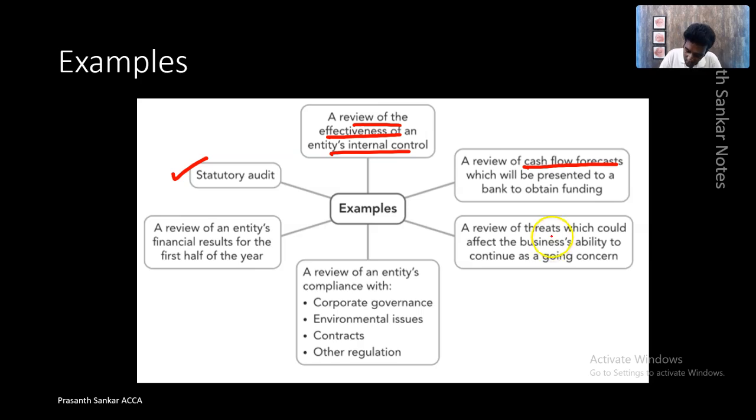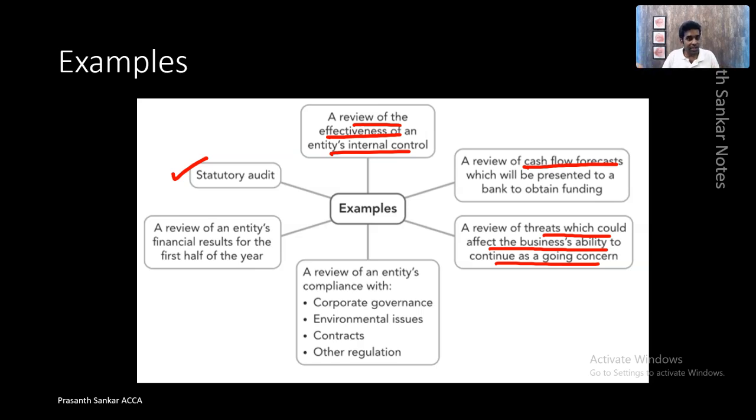Review of threats which could affect the business's ability to continue as a going concern. So this is more management oriented. It's management consulting where as a management, I want to know what could affect my business tomorrow, where my business will not function properly or I will have to close down my business. What are the threats that could affect my business?